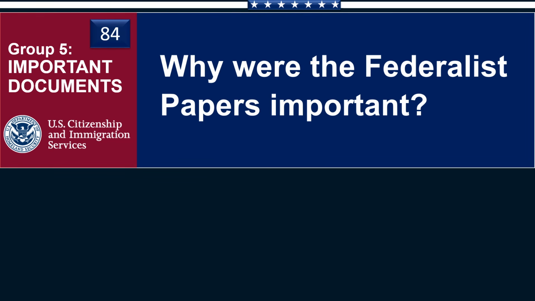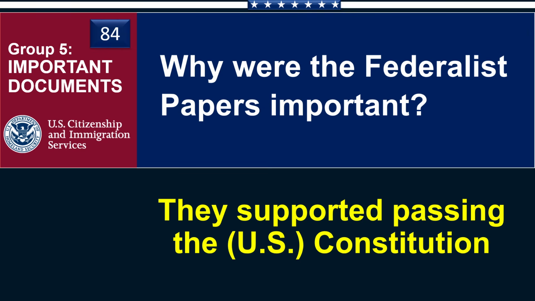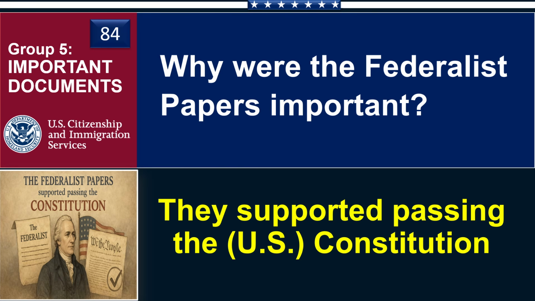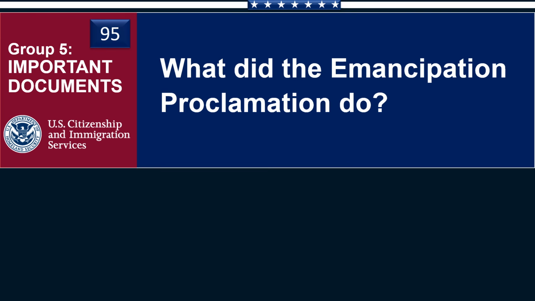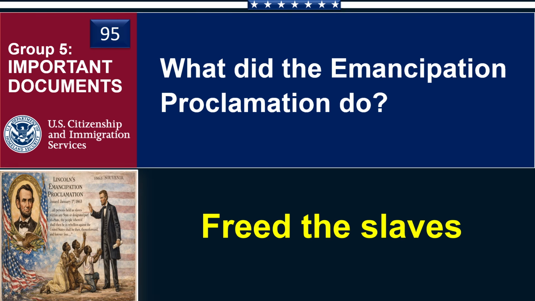Why were the Federalist Papers important? They supported passing the U.S. Constitution. What did the Emancipation Proclamation do? Freed the slaves.